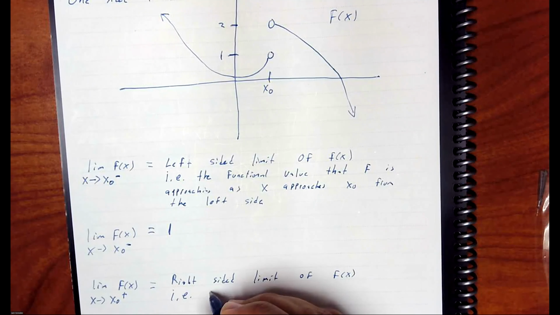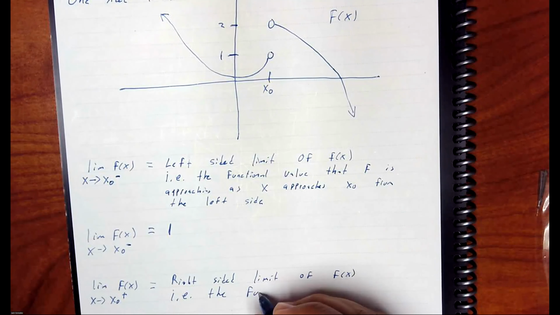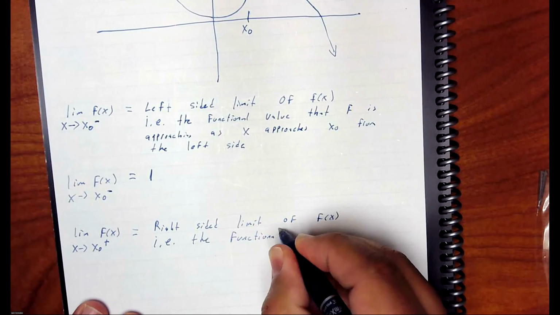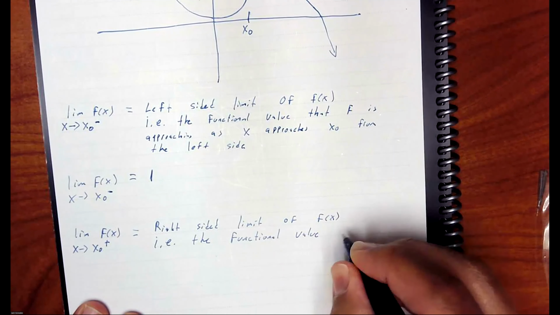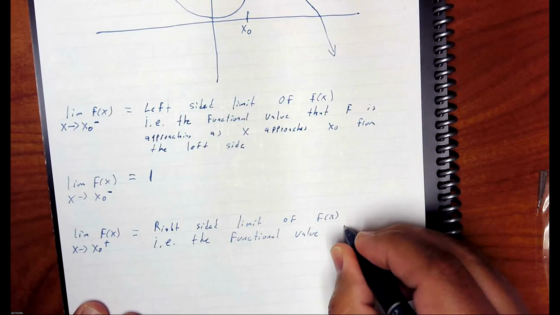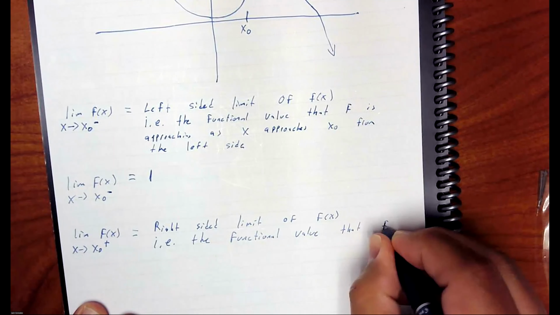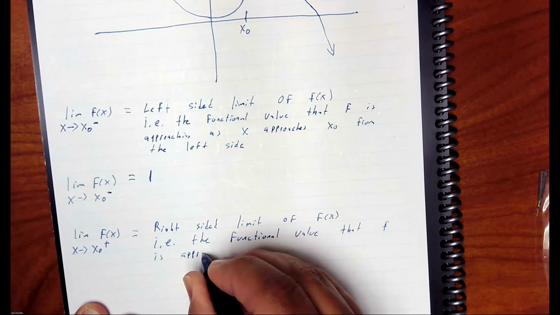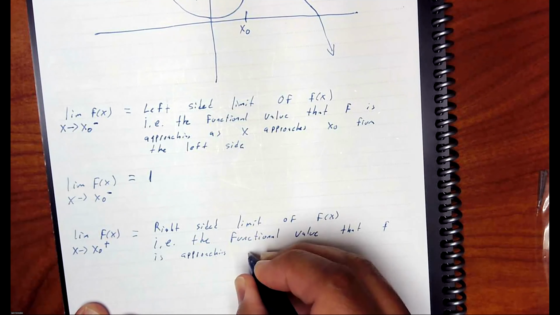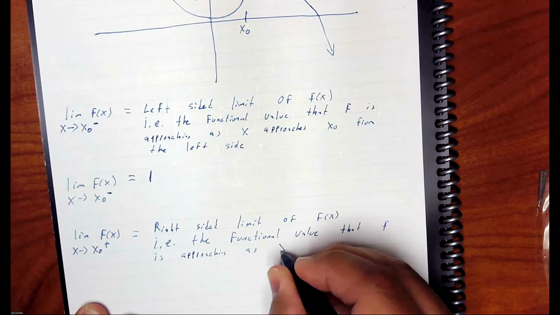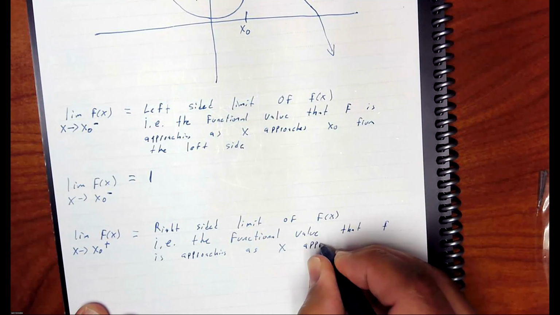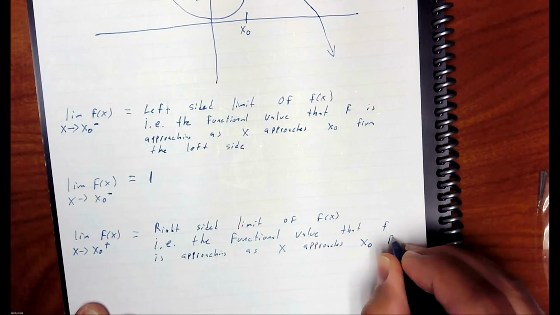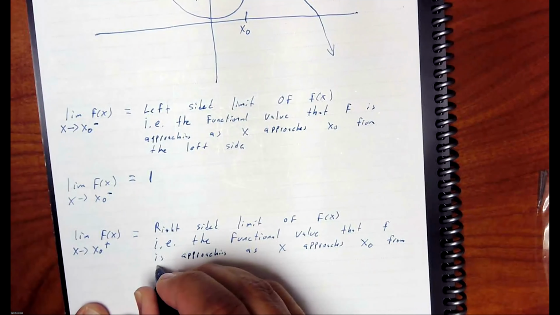That is to say, the functional value that f is approaching as x approaches x0 or x naught from the right side.